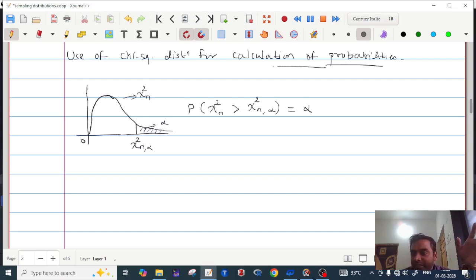How to find the actual probabilities we will discuss in the next lecture, which will be on numericals. In that lecture, we will see how to find the probabilities from the statistical table. For now, keep in mind that from the chi-square distribution you can find the probabilities of chi-square greater than a point in this way.